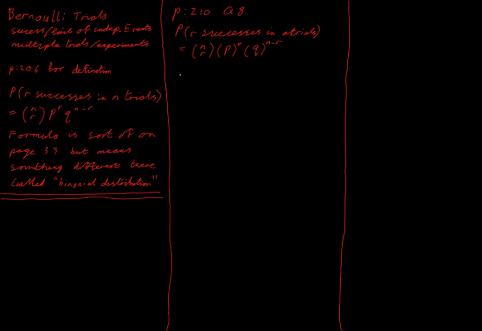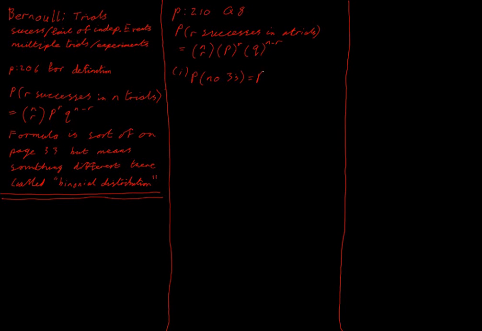Now, let's have a look at part 1. What's the probability of getting no 3s? Well, how could we get no 3s?